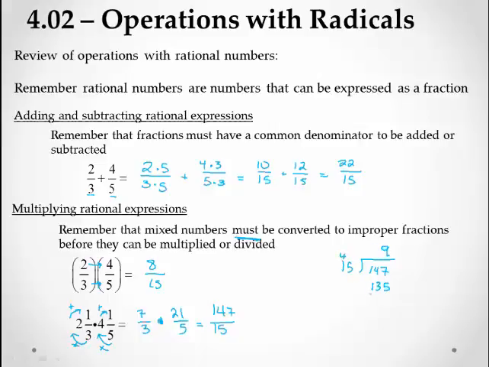That'll give me 135, leaving me with 12. 15 does not go into 12, so this will be 9 and 12/15. 12 and 15 both divide by 3. Sorry, 4/5. So 9 and 4/5. Again, the reduced answer is acceptable as an improper fraction.